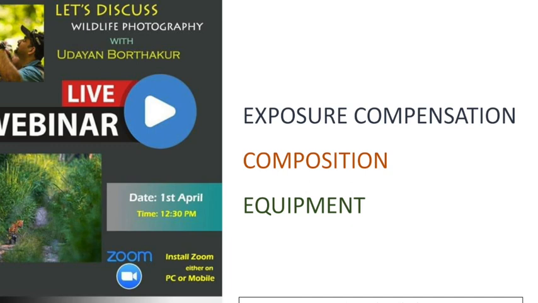I was just wondering, do I need to use a teleconverter for more reach, or in the D500 and also in the D750 there's that inbuilt crop facility? So which one is better actually? Because I have gone through a lot of reviews which say that using an external teleconverter actually lowers the image quality. So that is one thing I wanted to know from you.